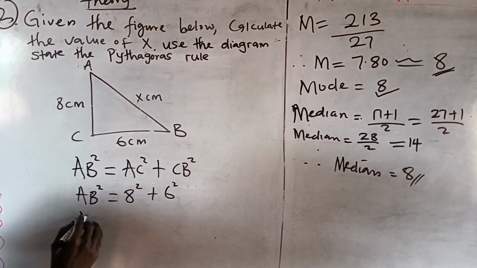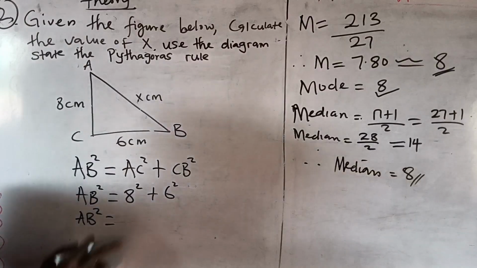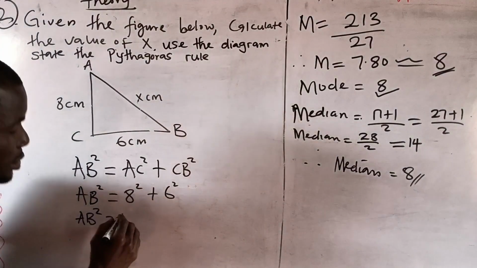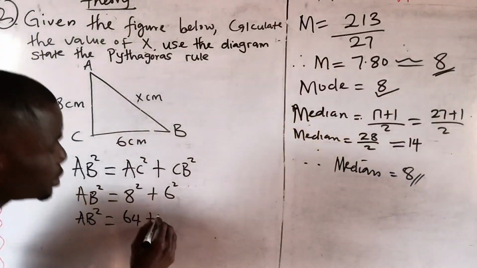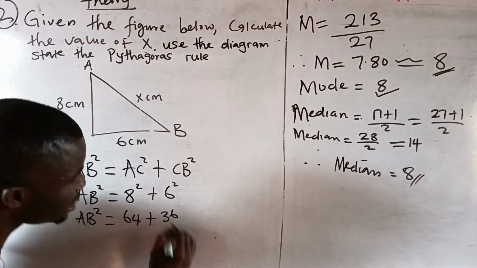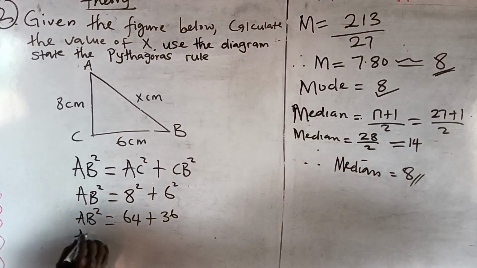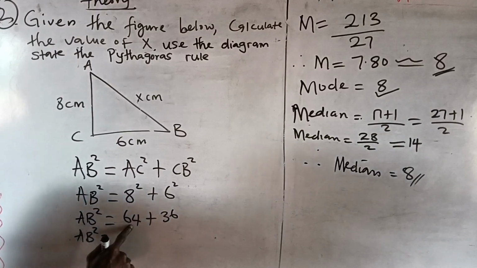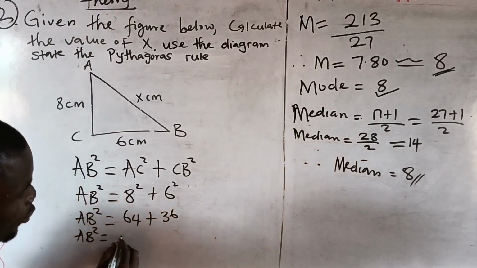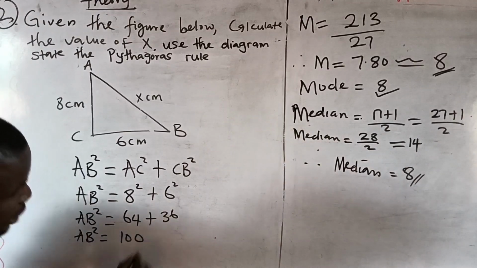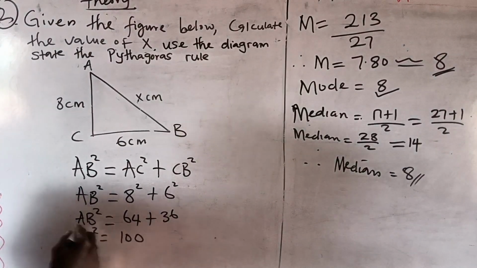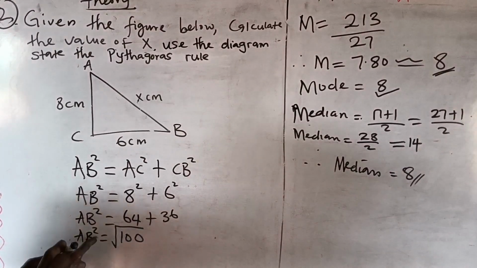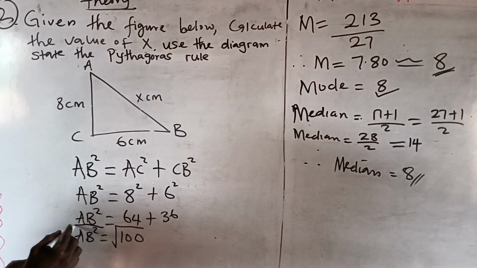So AB square is equal to 8 square, which gives us 64, plus 6 square, which gives us 36. Add it up: 64 plus 36 gives us 100. So for AB to stay alone, we take the square root so that we can cancel the square.